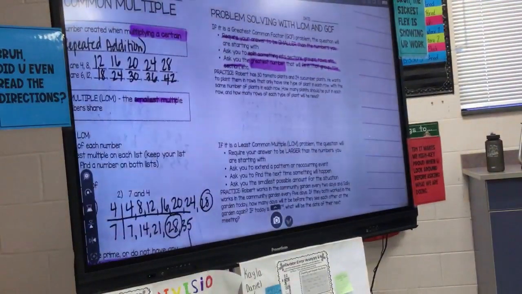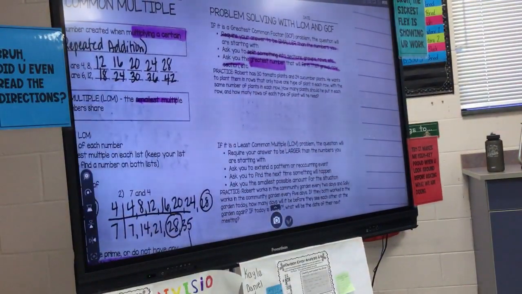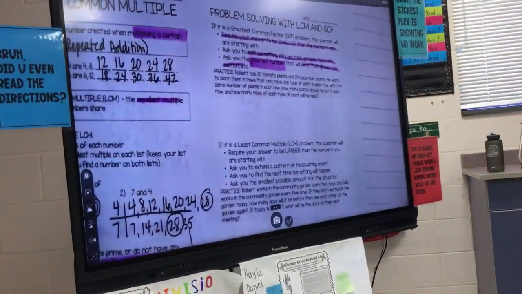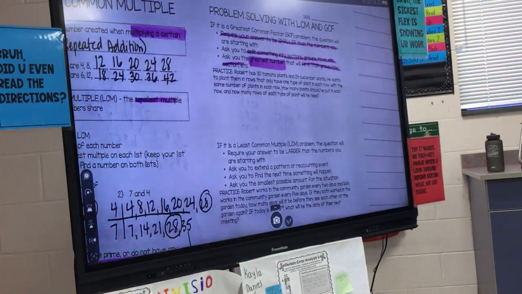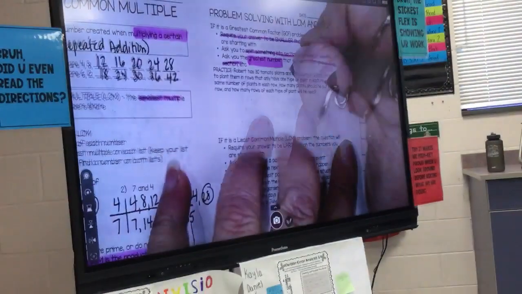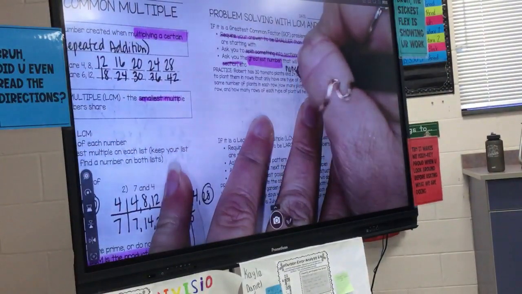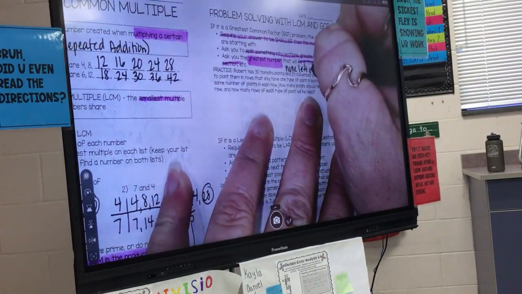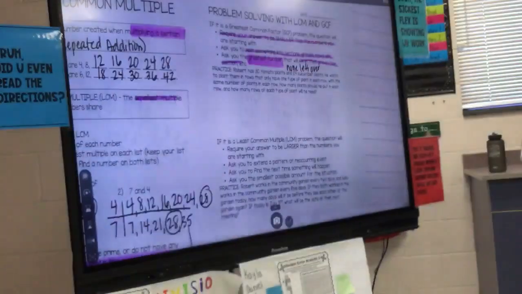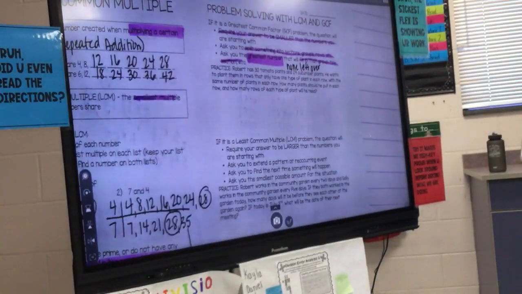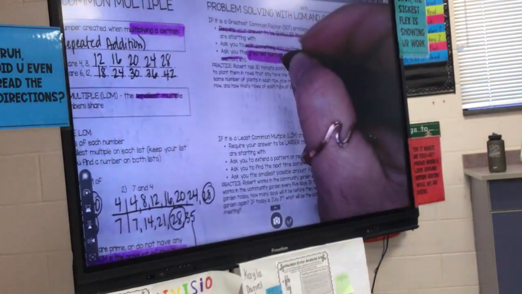So you're looking for keywords like greatest, maximum, most, that kind of thing. You're also going to be looking for keywords like none left over, or nothing remaining, or evenly. Those keywords.